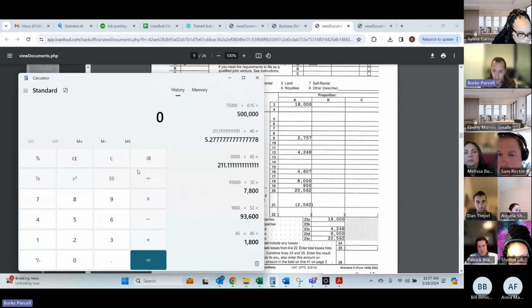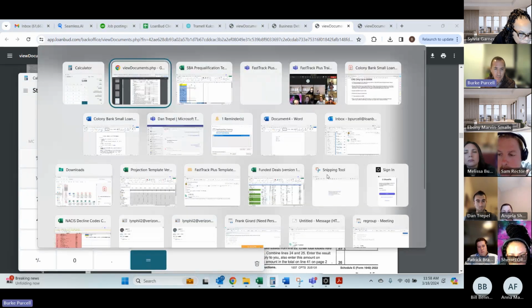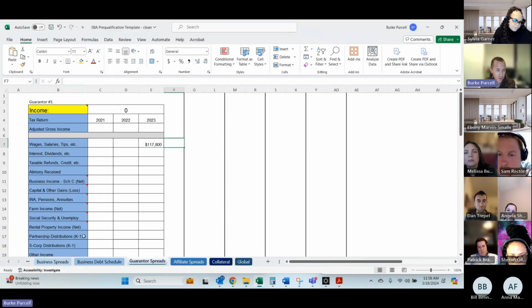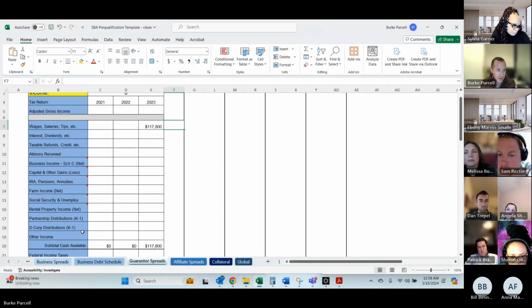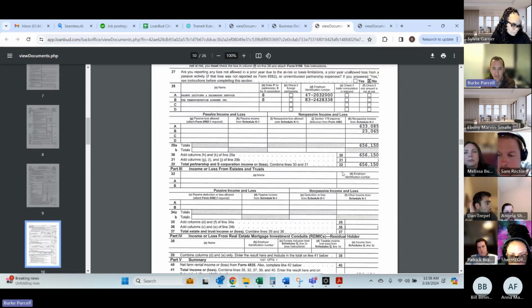So what I can do here is take my minus 25.62 and add to that the $8,000 of depreciation, which is a non-cash expense, to get me to a positive 54.38. So I'm going to come back over here, go to my Schedule E rental property income net, and say that's going to be 54.38.